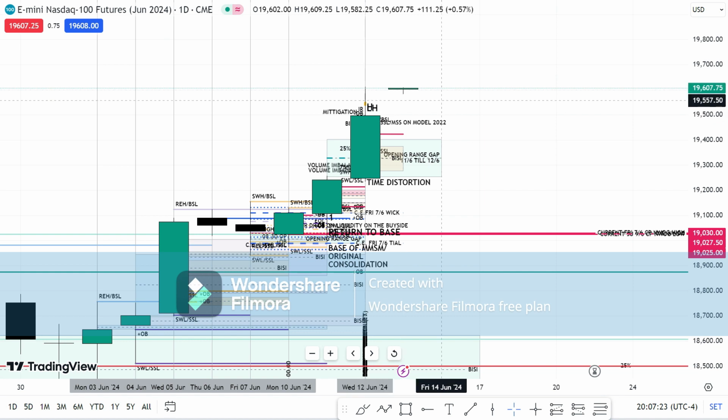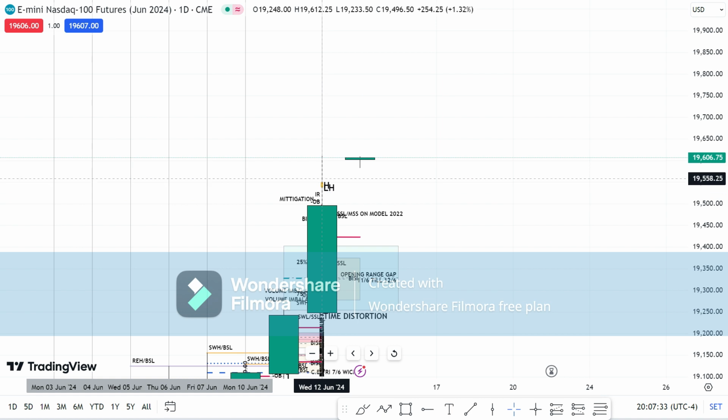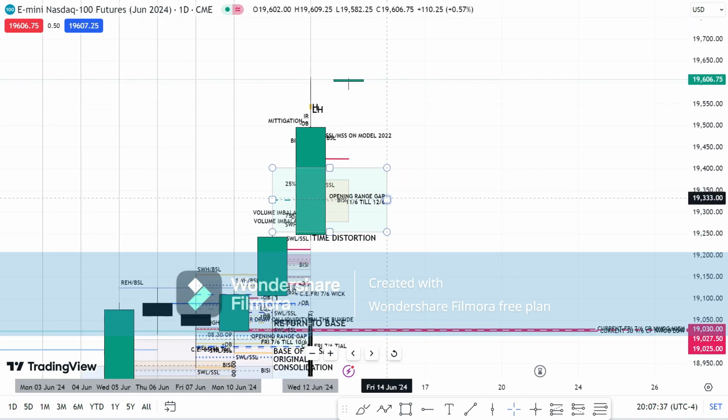We see with the Nasdaq a stronger, bigger jump to open right here. Price is going to draw to make efficient this gap, and then drop further. How much further we don't know.